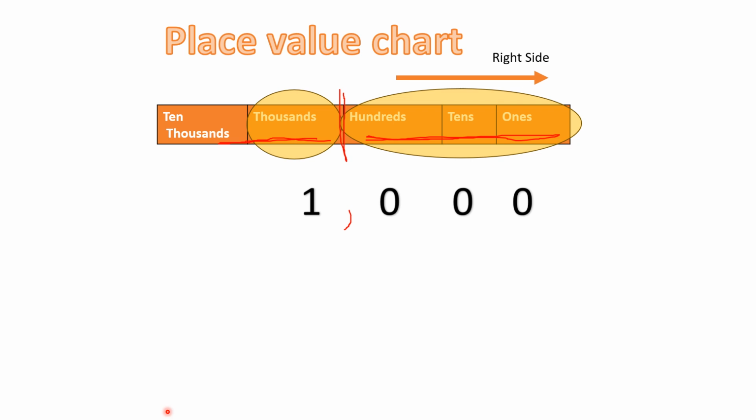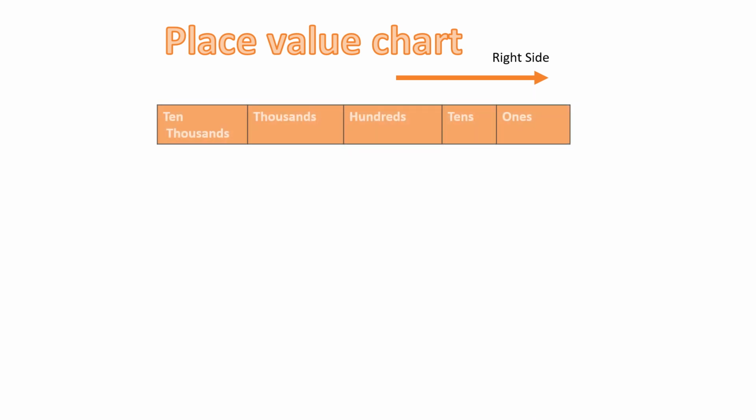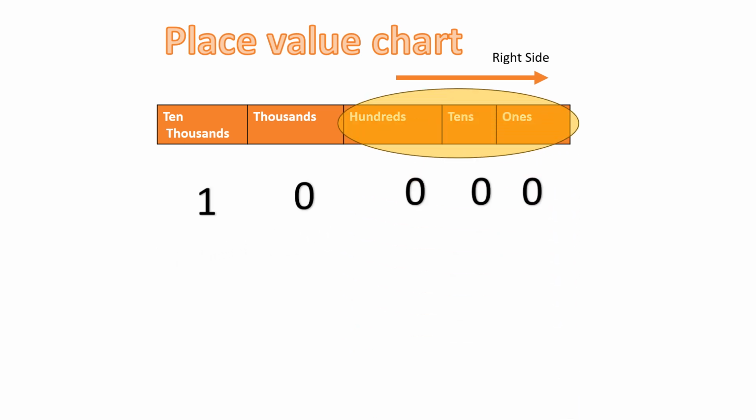Now let's go to the next case. This is how we should write 1000. Now we have a number like this. How many zeros are there? Let us count. 1, 2, 3, 4. We have 4 zeros. So let us put them in the right place values. This will be their places and this will be their groups. So do you know how we should put the commas?